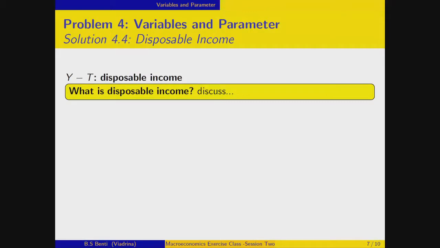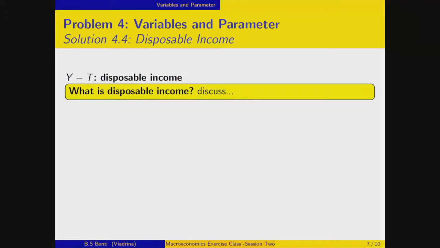The third item, or the next item in the right-hand side of the equation given earlier, is Y minus T, or disposable income. We have seen this in the first exercise class, where we say disposable income is the income available for a household to be consumed, after paying taxes.